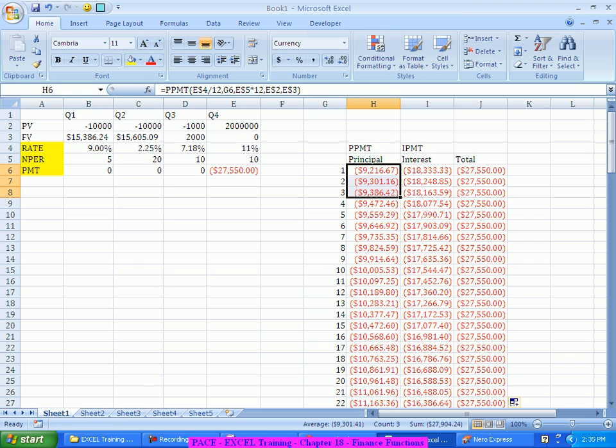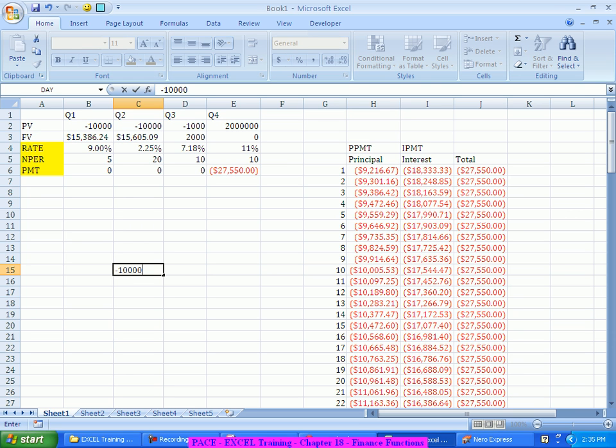So the amount is not uniform. I am depositing one time and I am getting different amounts at different periods of time. If this is the scenario, I want to find out what the overall return is in this entire process.